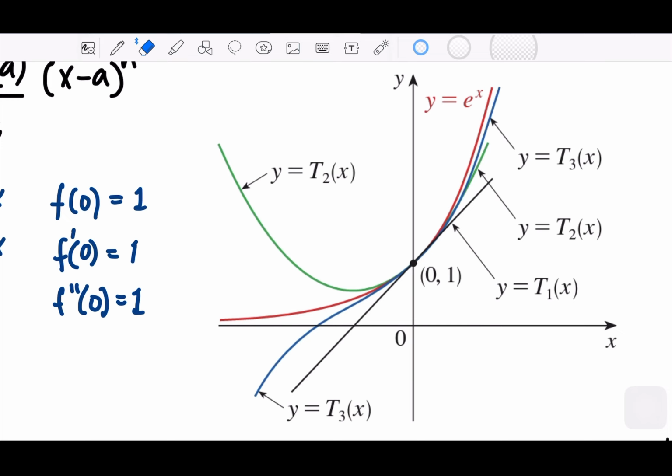So it suggests that when we increase the n, maybe we can predict what will happen with T4, T5, T6, and it's going to be equaling the source, the original e to the x. This shows that the more n we input, the more it is going to be equaling the original function.